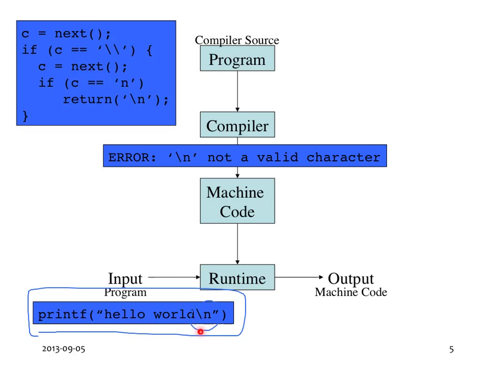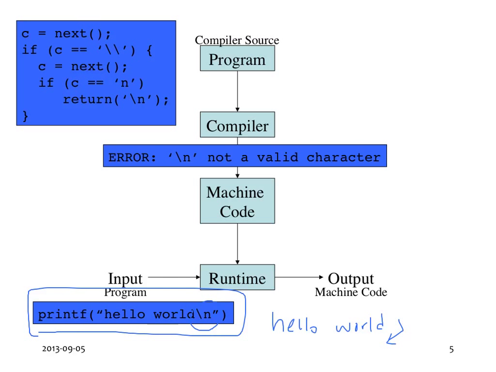If you look at the \n, what that means is the programmer wants the final binary for this program to print out the characters hello world, and then at this point it should insert a new line character. So what the compiler has to do is make sure that this happens, because that's what the programmer expects.